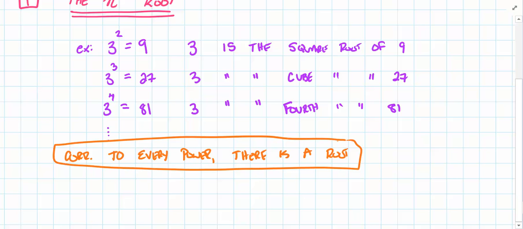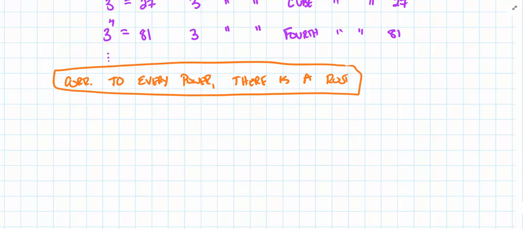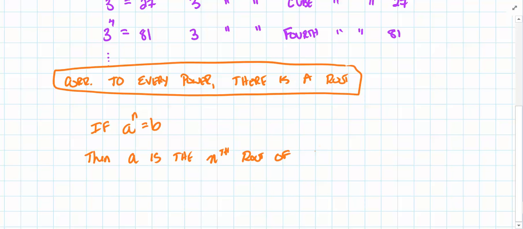This pattern suggests what an nth root is. If we have a to the n is equal to b, just like 3 to the fourth is 81 and 3 to the third is 27, then what can we say? Then it must be true that a is the nth root of what? Of b. There you go.